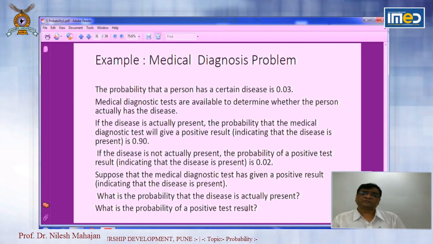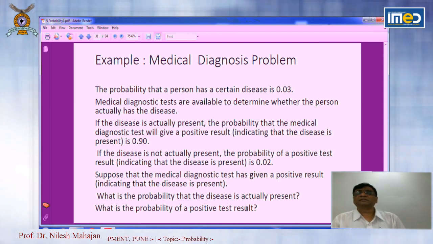There are so many examples given. One case I am also discussing is a medical diagnosis problem. How to diagnose, given symptoms of dengue or malaria or any disease. This example explains how to calculate medical diagnosis problems.